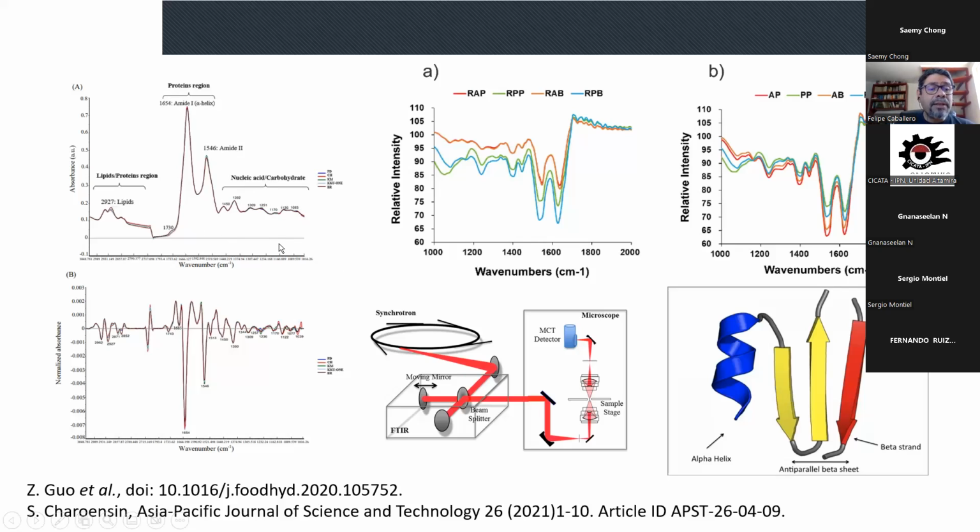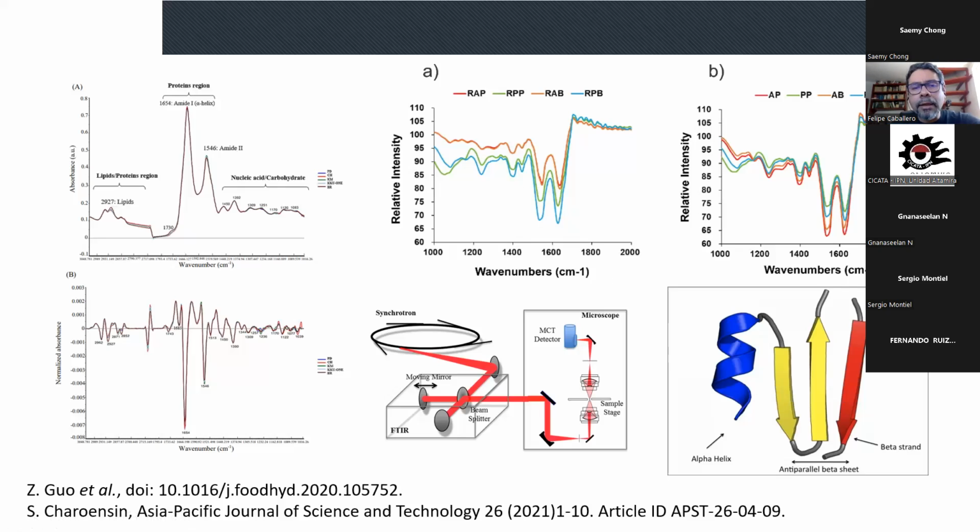And this is a derivative plot. These are synchrotron-based FTIR measurements, and you can really discriminate the bands coming from this particular structure. For example, these bands could be associated with the alpha helix and those with the antiparallel beta sheet, etc. So you have a better resolution power using synchrotron light compared with, for example, regular infrared light.